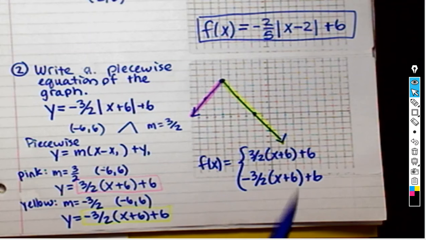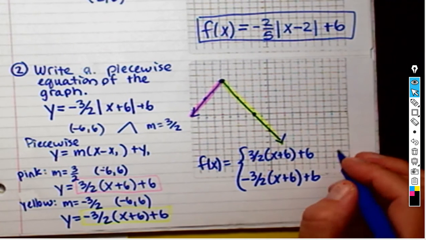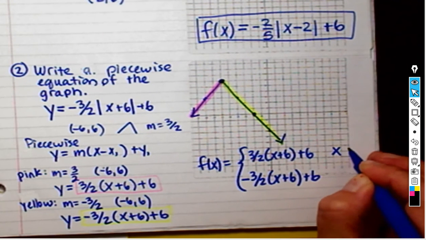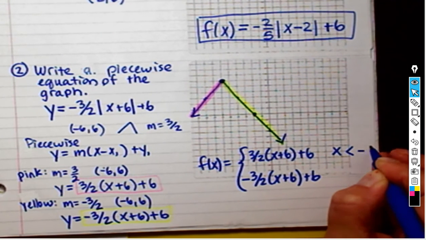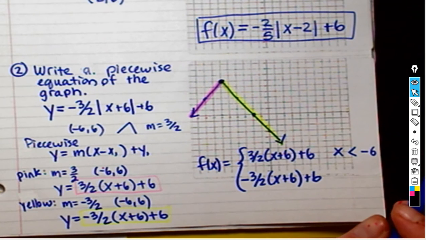Henry, what is the domain of the pink line? Yes. Can you tell me in an inequality format instead? x is less than -6. Yes. Okay.